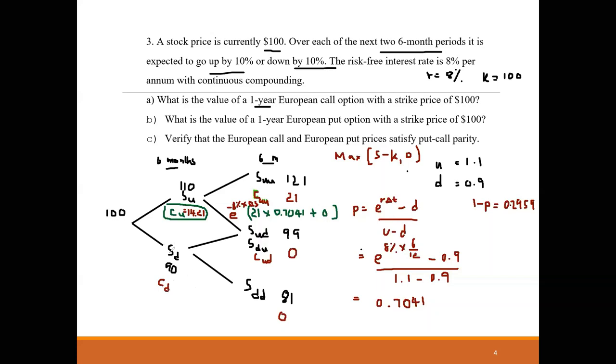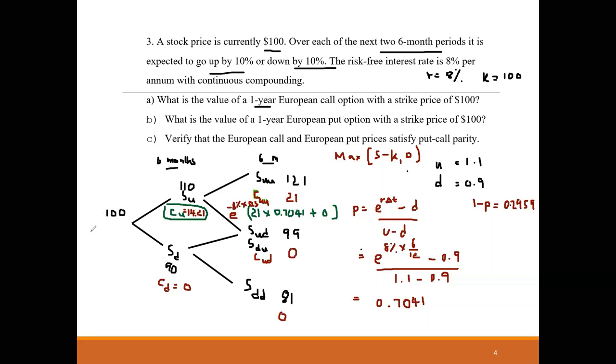This depends on two prices. If it goes up, the price is 0. If it goes down, the price is 0. So the expected value will also be 0, and you can simply say it is 0.